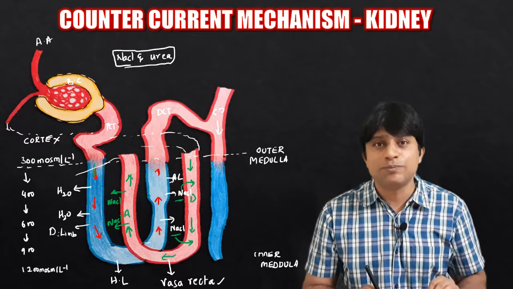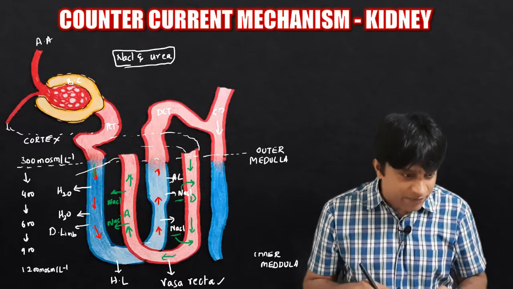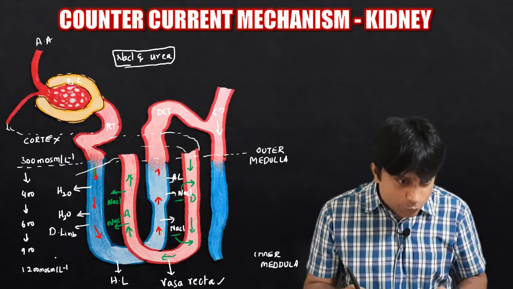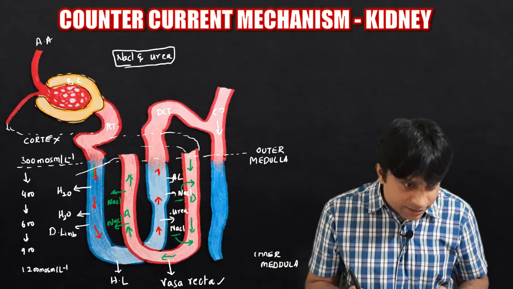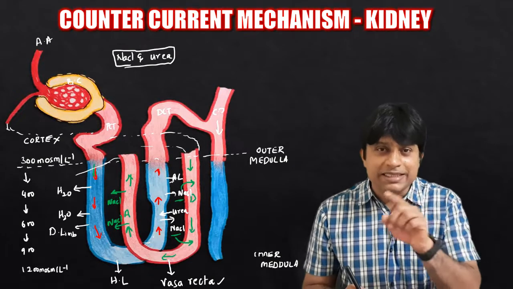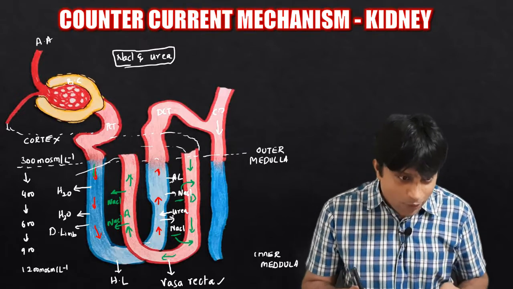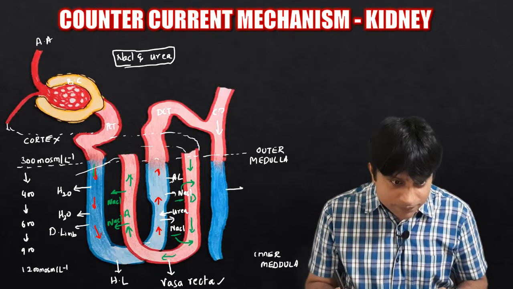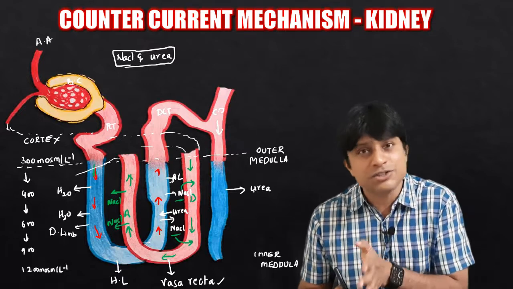And also a very small amount of urea, remember this point carefully, enters into the thin segment of the ascending limb. Fine, all the way this urea is reabsorbed from the collecting tubules into the medullary interstitium.